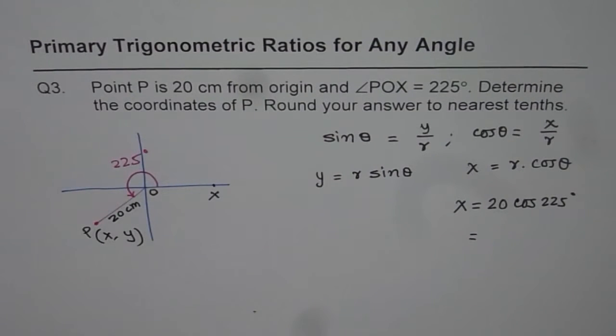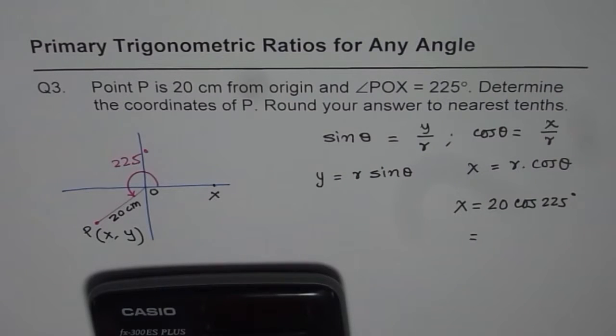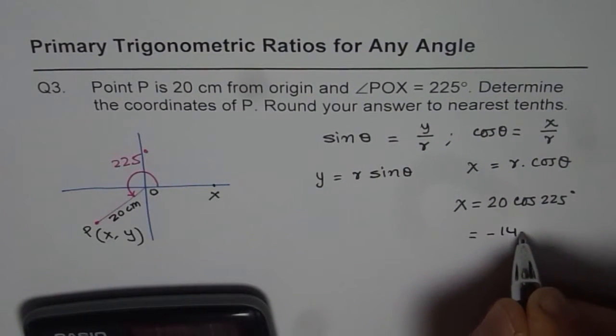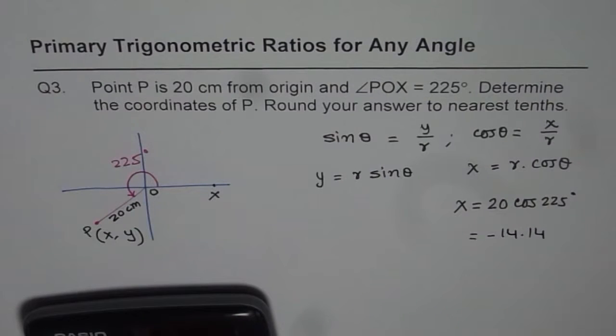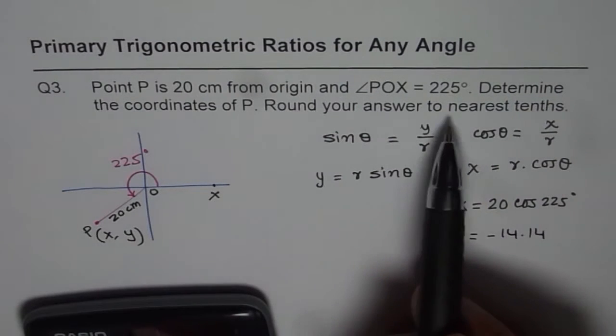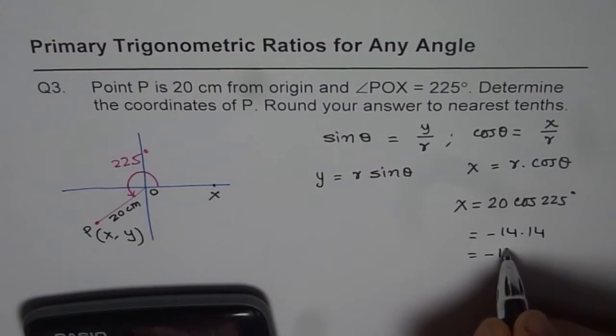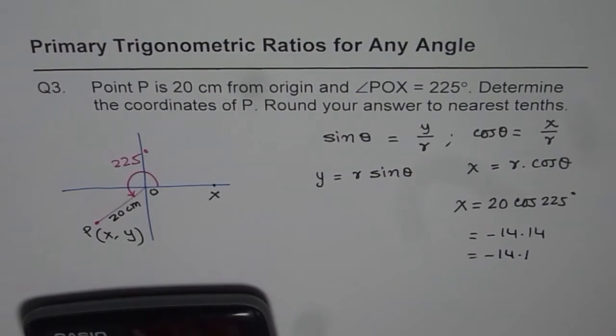We have the value as 20 cos 225 equals minus 14.14. Since we want to round our answer to the nearest tenth, it will be rounded to minus 14.1.